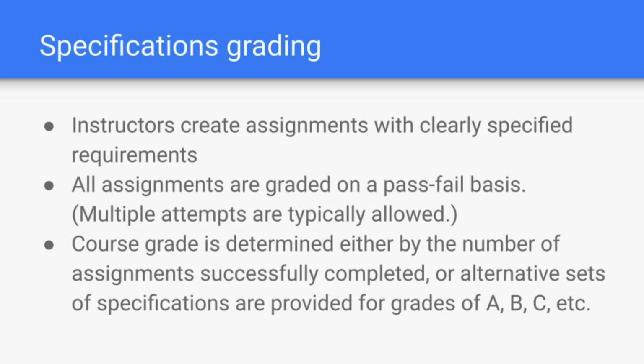But the other way of doing it is you could set different, it's closer to contract grading in this form, but you could define A-level work as completing a specific set of specifications, a B-level grade if they complete a different set of specifications, where the students basically choose what grade they want and they work towards that.